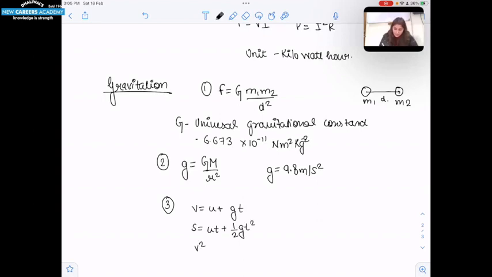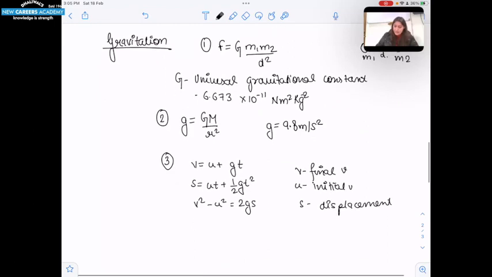And V square minus U square is equal to 2GS. V is final velocity. U is initial velocity. S is displacement. T is time. And g is acceleration due to gravity.